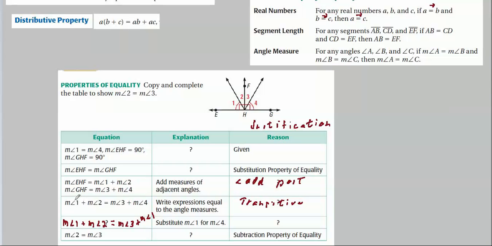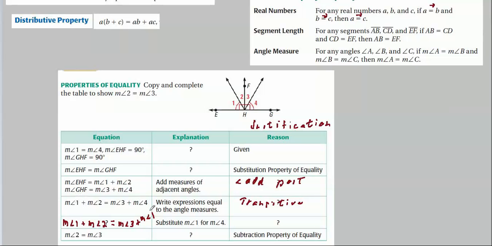But we're given that the measure of angle 1 equals the measure of angle 4. So now we can substitute the measure of angle 1 in for the measure of angle 4. We get the measure of angle 1 plus the measure of angle 2 equals the measure of angle 3 plus the measure of angle 1.